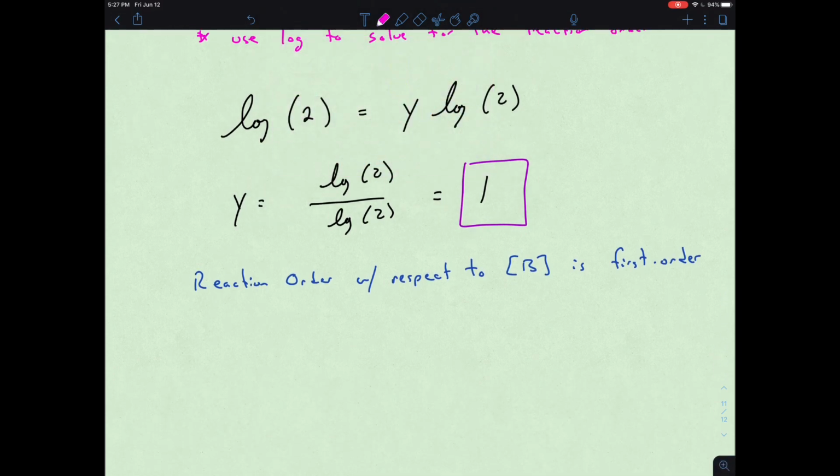And so basically now we repeat the process to solve for the other order.